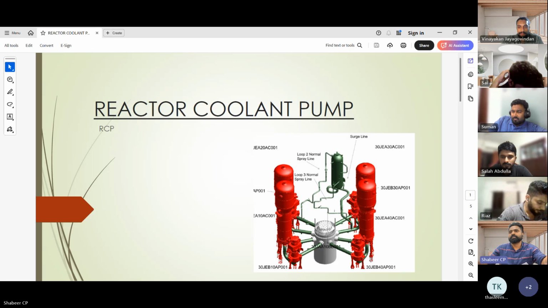The center of this picture is the reactor, and there are 4 steam generators, 4 reactor coolant pumps and 1 pressurizer. Clearly, it's a 4-loop pressurized water reactor. Here we are going to concentrate on one critical component, the RCP.